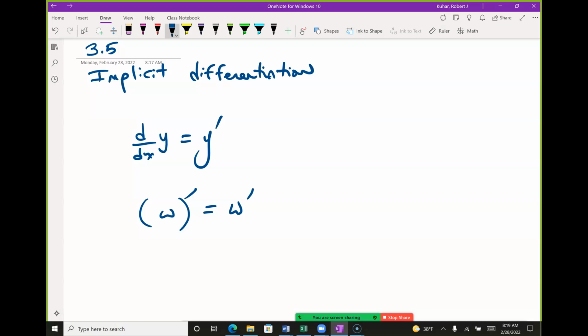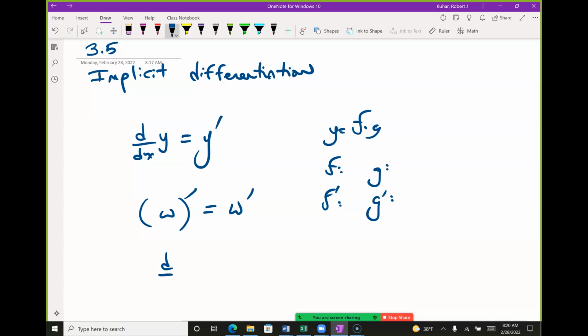It's got to be y prime or w prime or g prime, right? So we've even done that in the product rule, right? If y equals f times g, we had f and f prime, g and g prime. So we've been doing this implicit differentiation the whole time, okay?